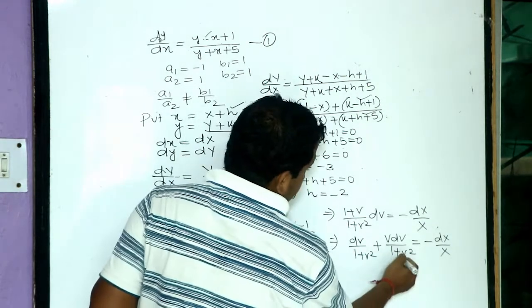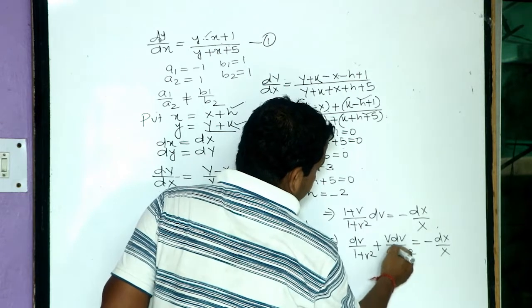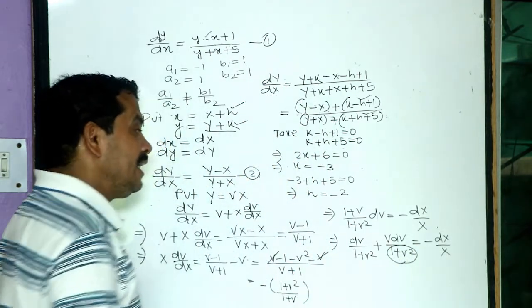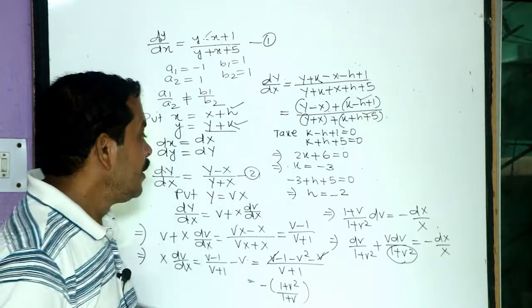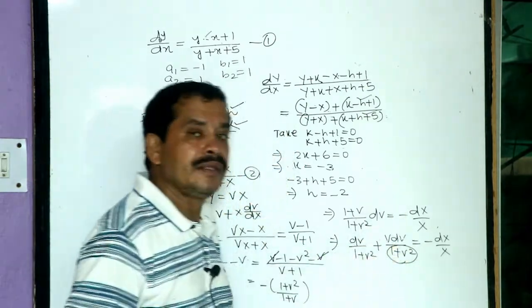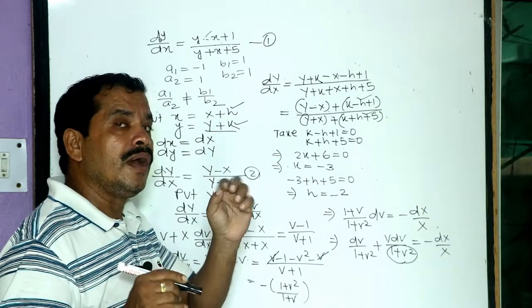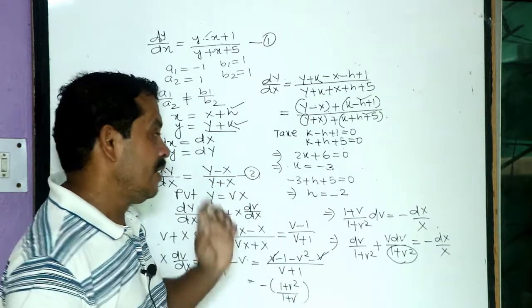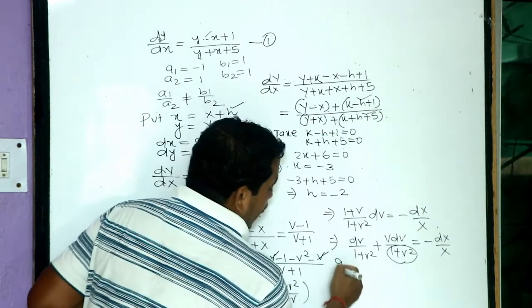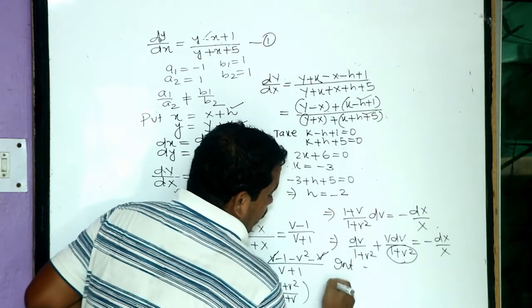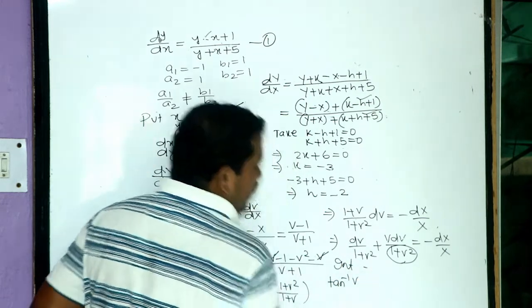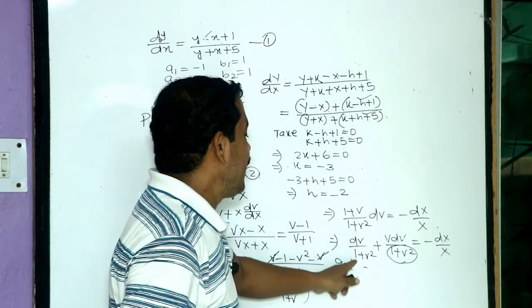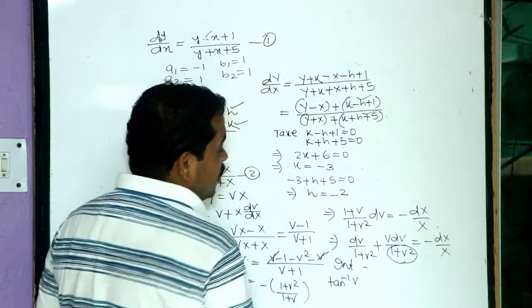Integrating both sides, here if 1 plus v square is taken as t, then its derivative is 2v dv. But here it is v dv, so we have to multiply by 2 and also divide by 2. Then after integration, the left hand side becomes tan inverse v, since the integration of dv by 1 plus v square is tan inverse v.